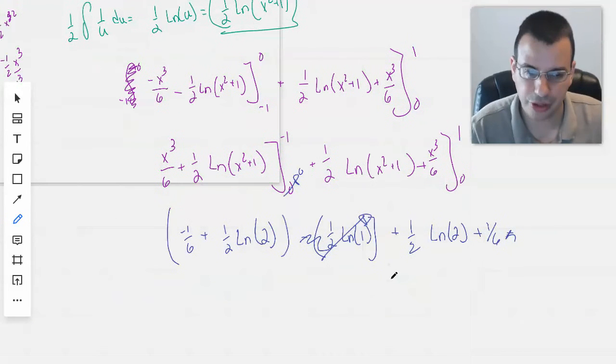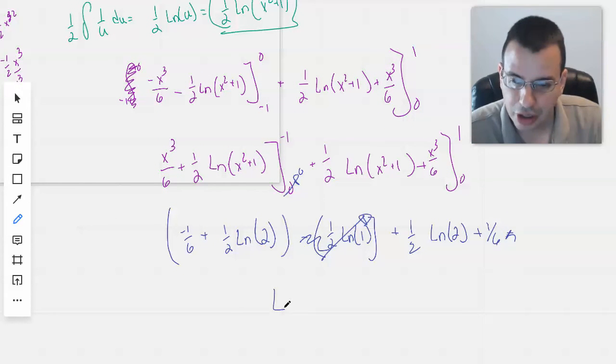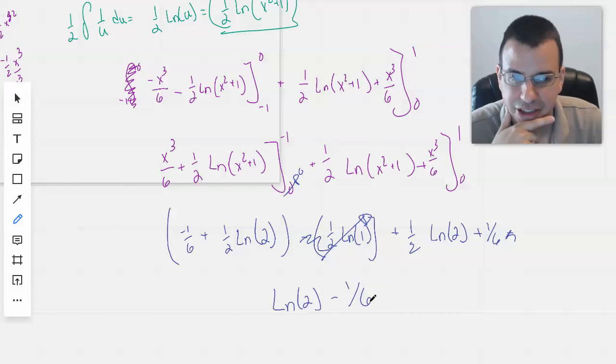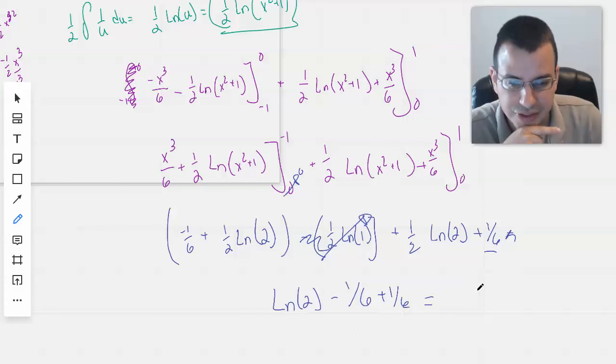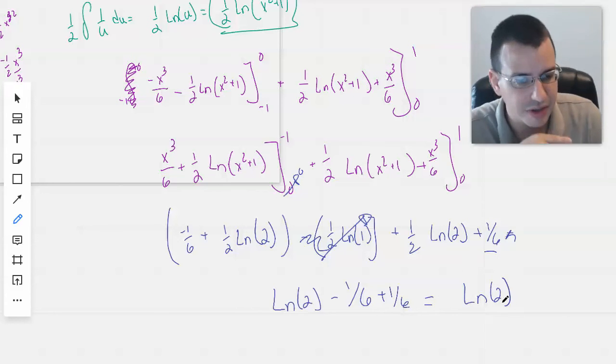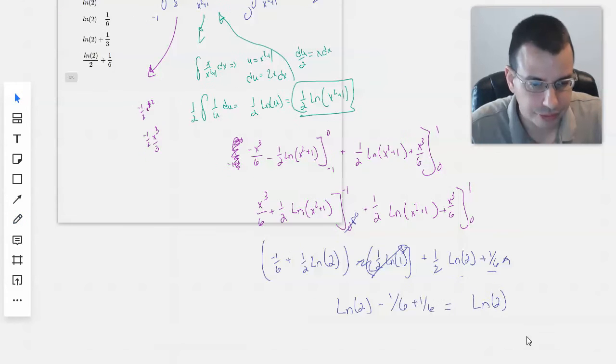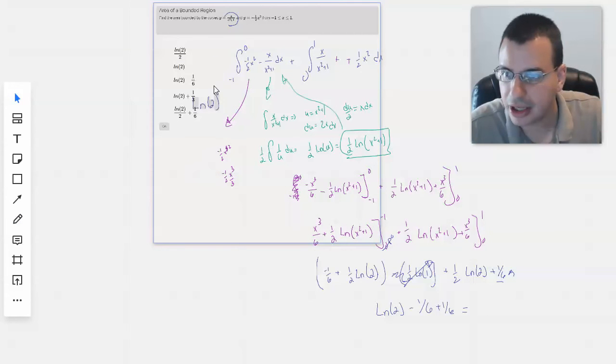So all we're left with then is natural log of 2 minus 1/6 plus 1/6 right here, which gives us natural log of 2. That turned out surprisingly simple. So let's see if that's a possible answer. And it looks like it is. That's good.